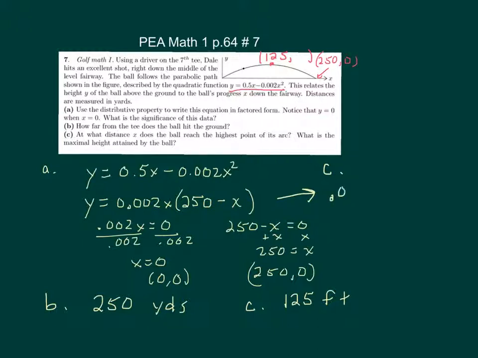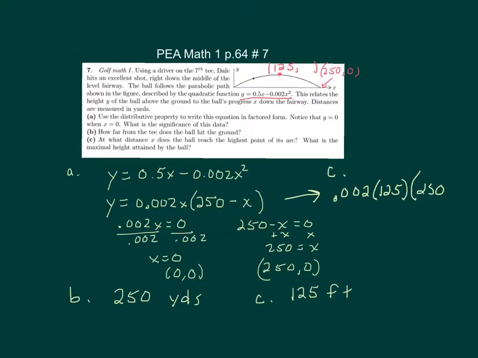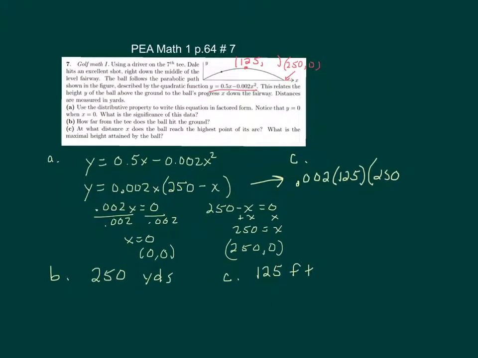So I just go 0.002 times 125 times 250 minus 125. Make sure when you do this, you subtract in these parentheses right here first.